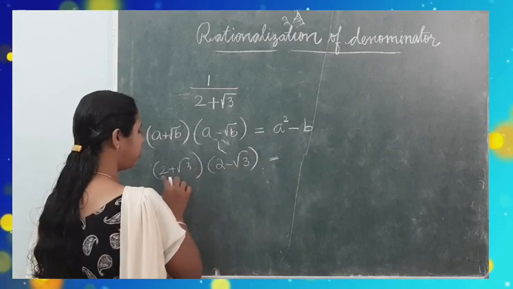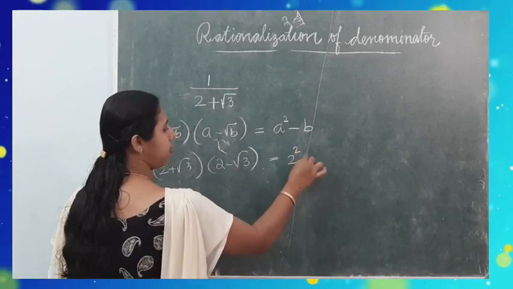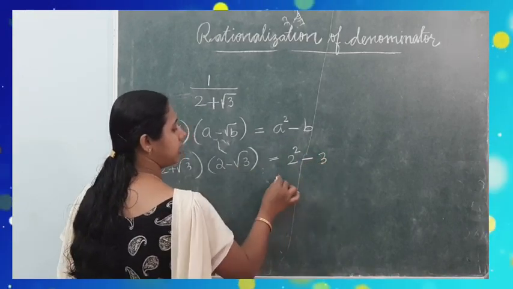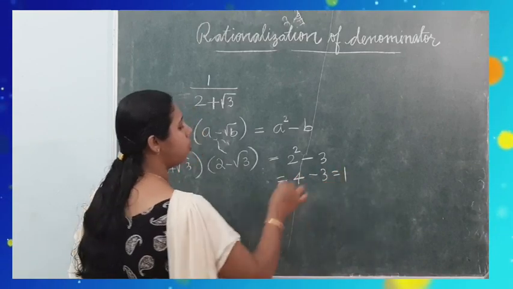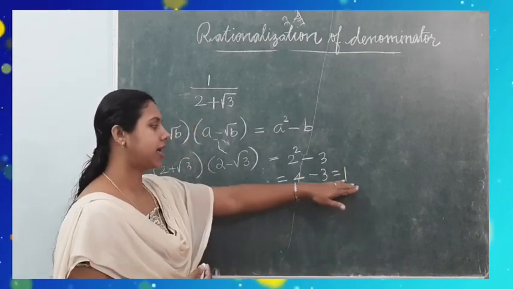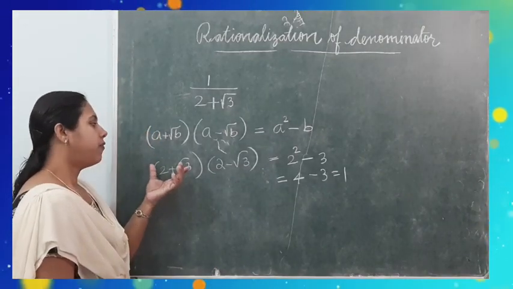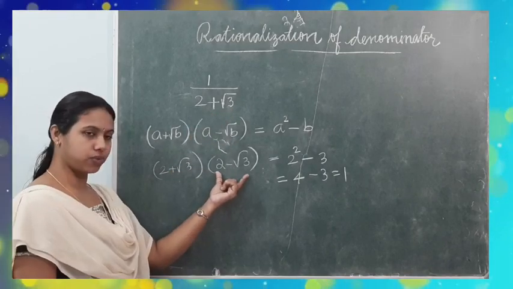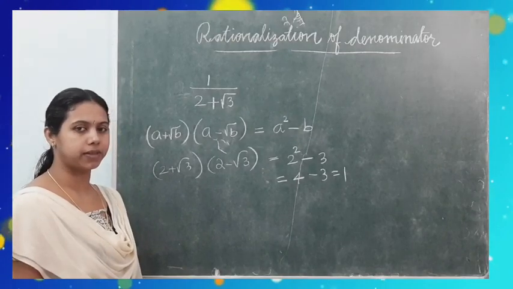Here a is equal to 2, b is equal to 3. A square is 2 square minus 3. That is equal to 4 minus 3, which is equal to 1. 1 is a rational number. So if you multiply this denominator with 2 minus root 3, we will get a rational number.